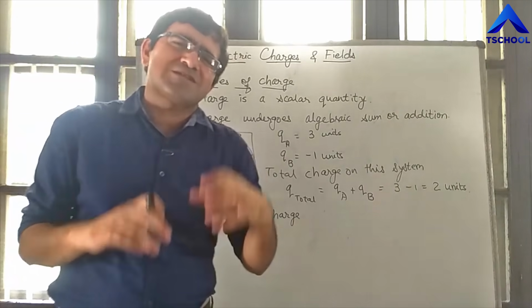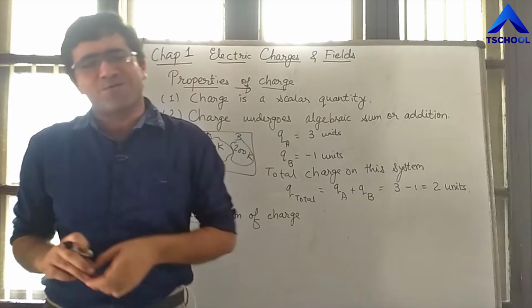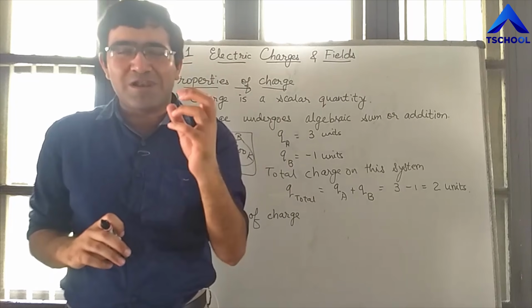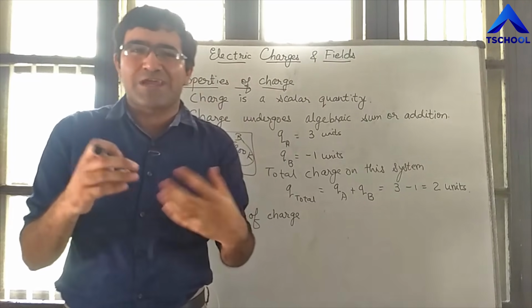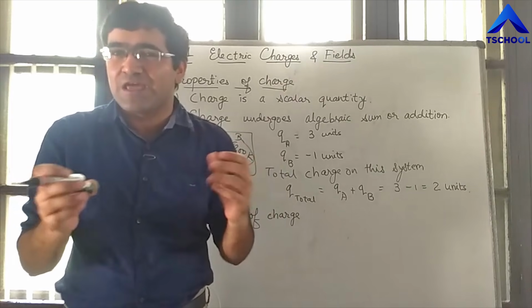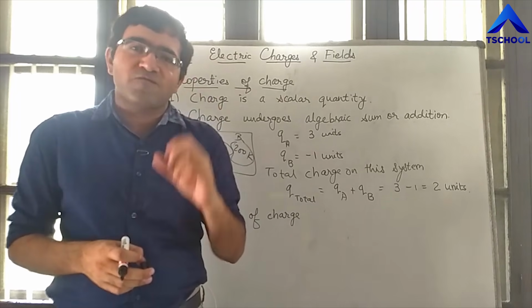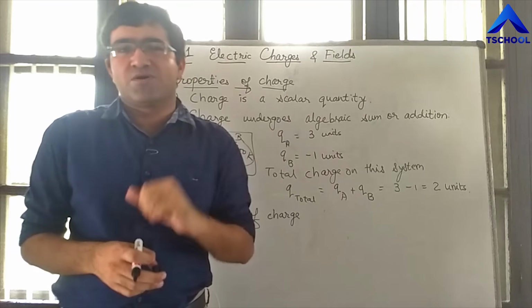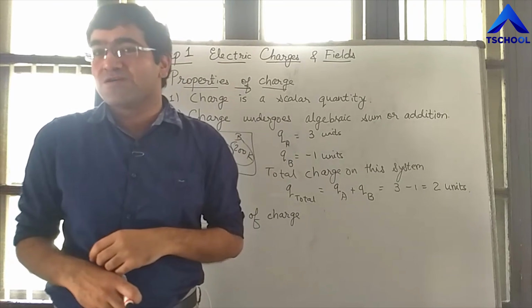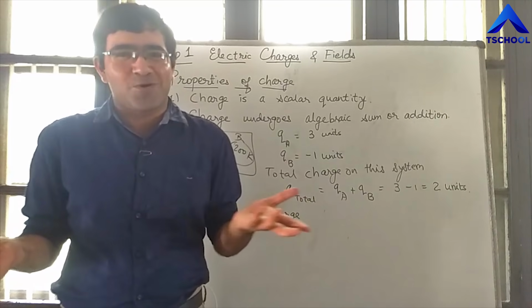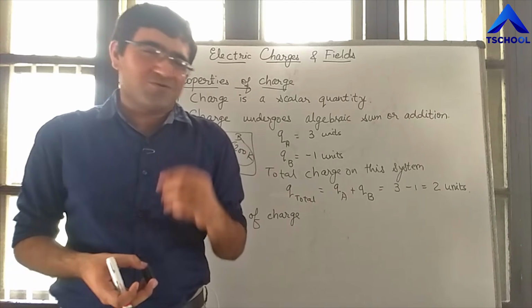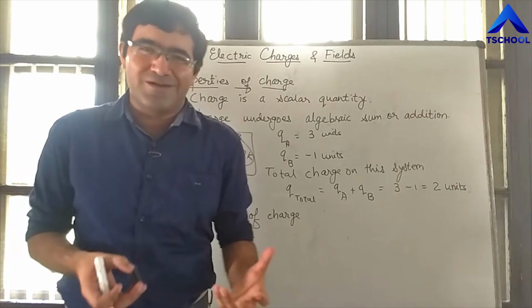See, the fact is that some things like packets of Maggi noodles can only be traded, exchanged, sold, or bought in terms of an integer number of things. What do I mean? You could buy 0 packets, nobody is going to complain. You could buy 1 or 2 or 10 or 100.